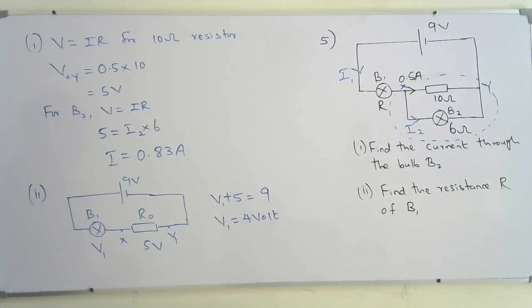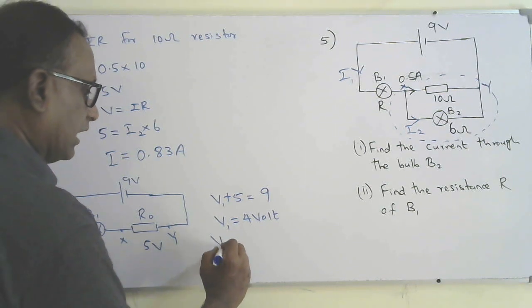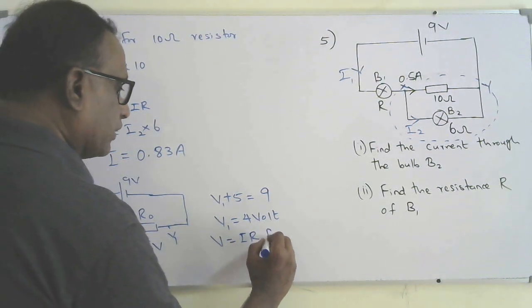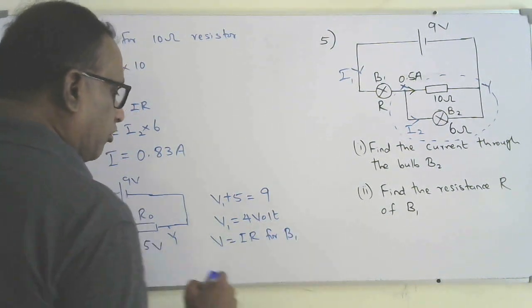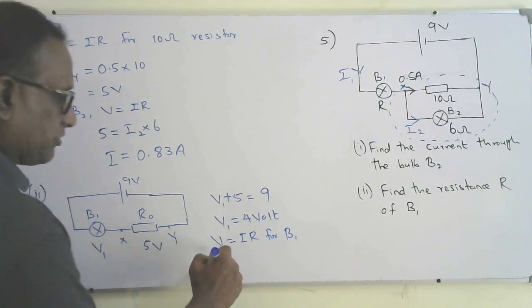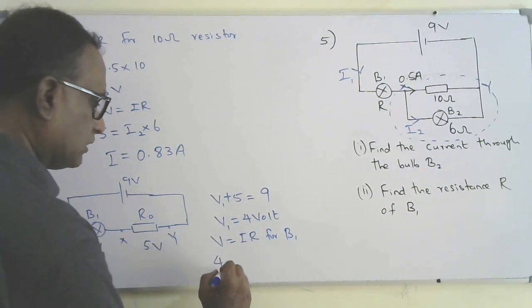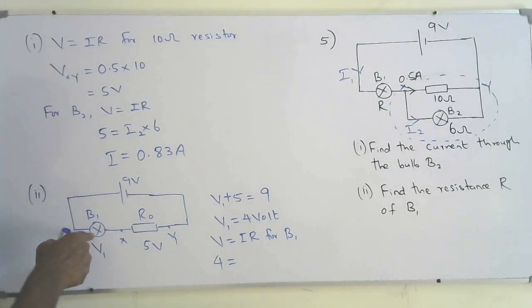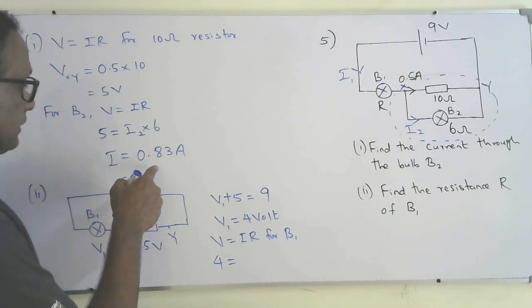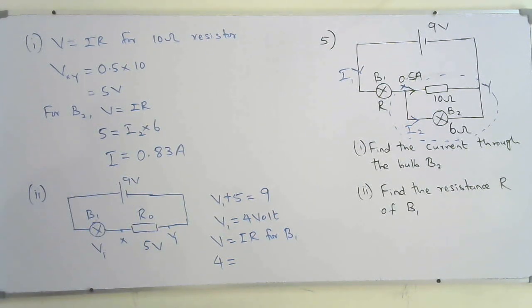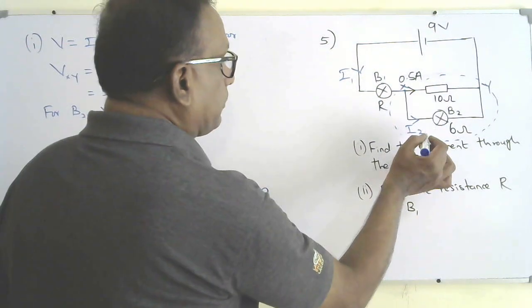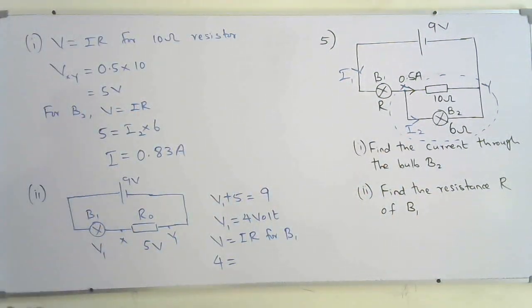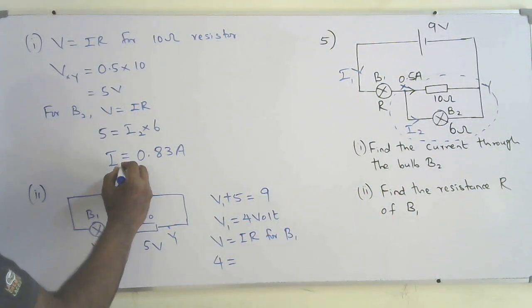The question is to find the resistance R of B1. So I can use V equal IR for B1. The voltage across the bulb B1 is V1, that is 4 volt. The current through the bulb B1 should be the addition of 0.5 plus current I2. We found the current I2 already, 0.83.